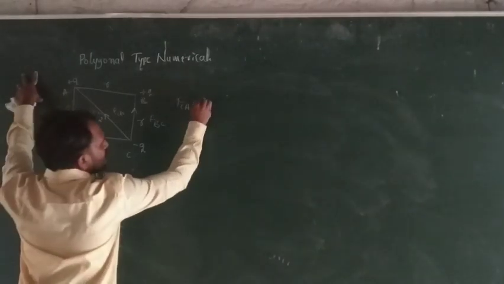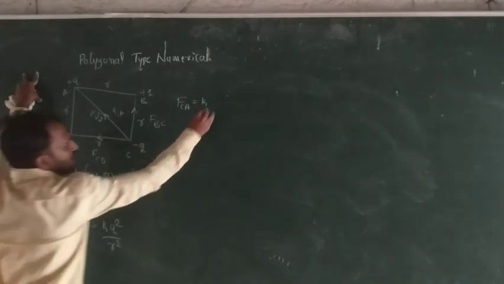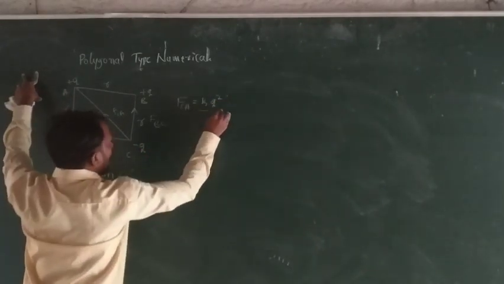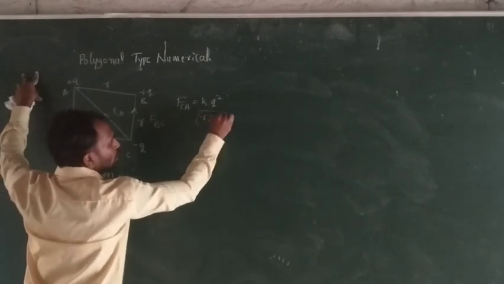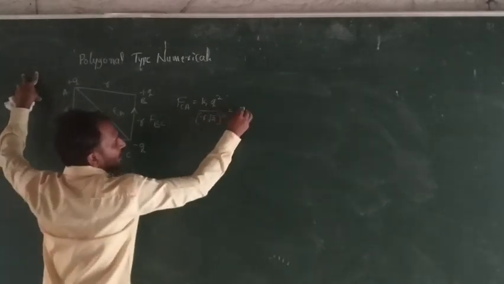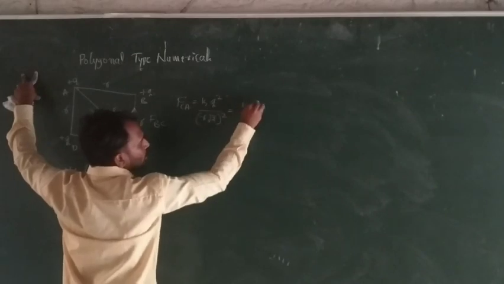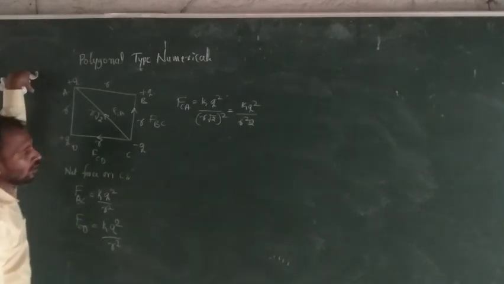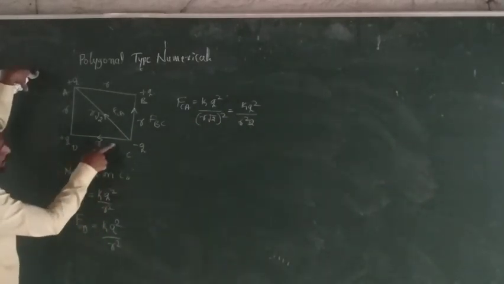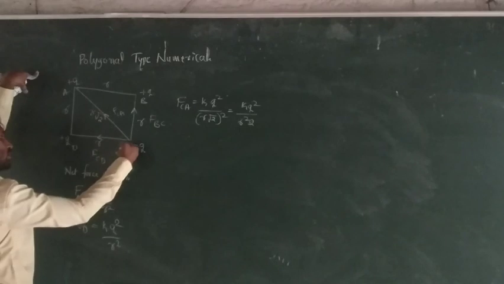FCA is equal to K, the Coulomb constant, and product of charges q square, and the distance is r root 2 whole square. We can write this equation as K q square by r square into 2.